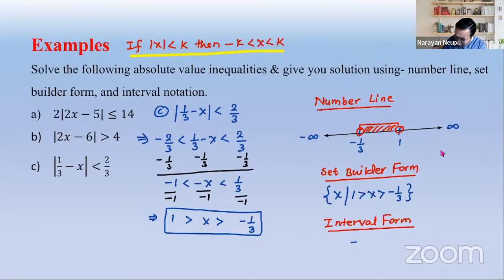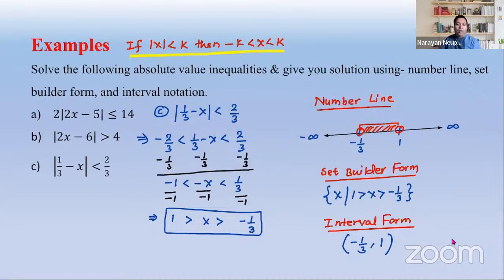Negative 1/3 is not included, there is a hole there, so we put a parenthesis. Similarly, this 1 is not included, so we put a parenthesis like that. So that is the answer in the form of an interval.